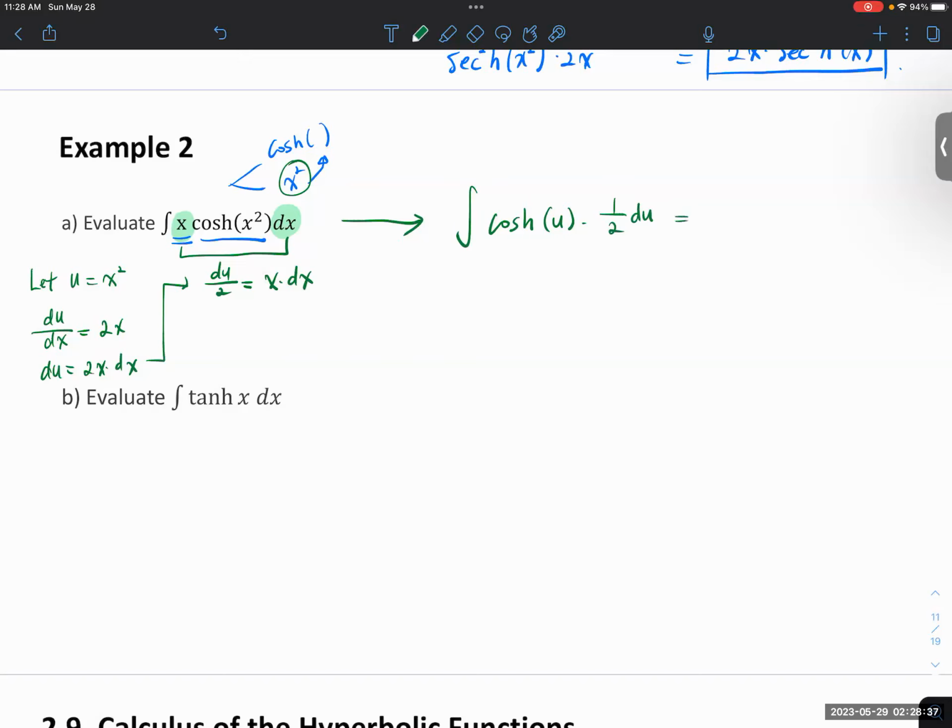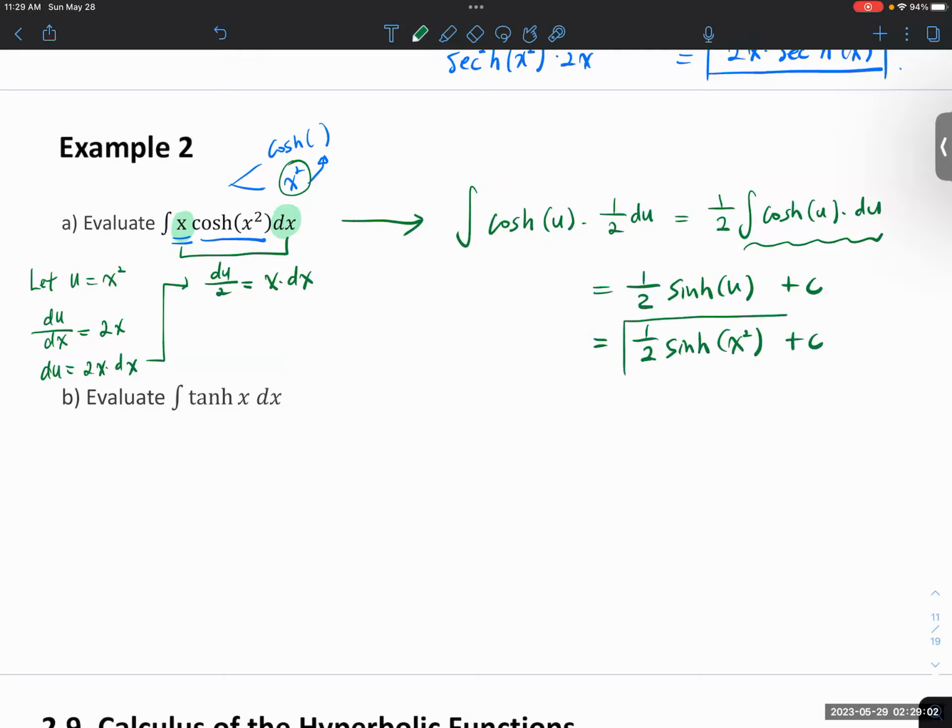So I can bring 1/2 to the front: cosh u du. If you take the integral, cosh goes back to sinh(u) plus c. And I'm going to go back to the x variable: 1/2 sinh(x²) plus c. So that's your final answer.